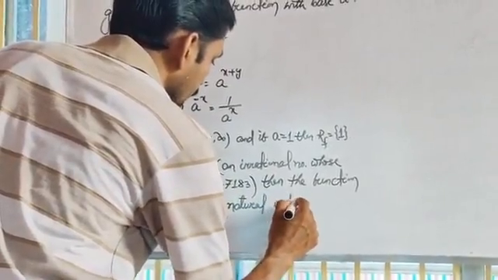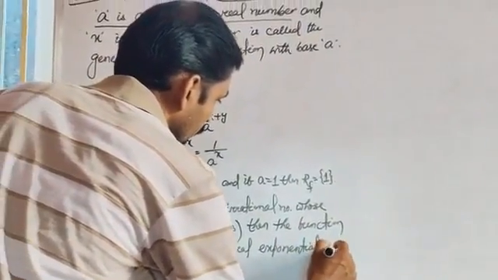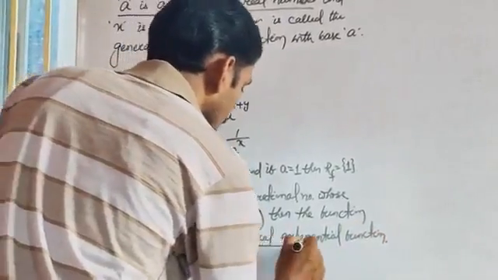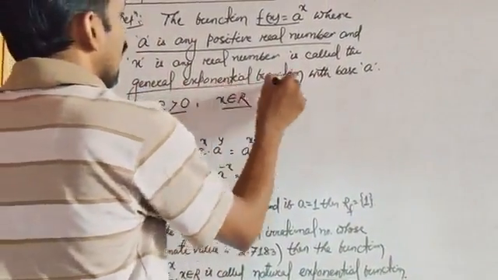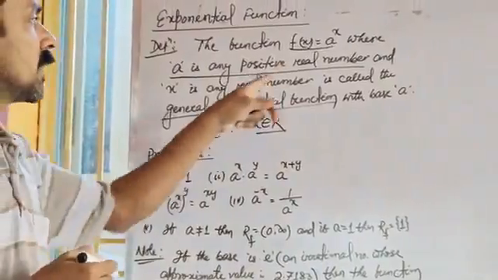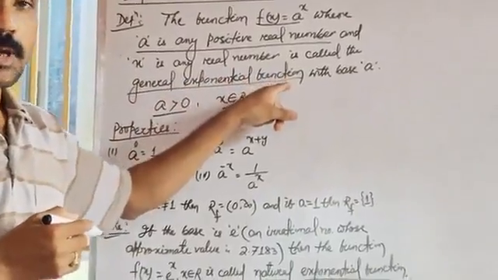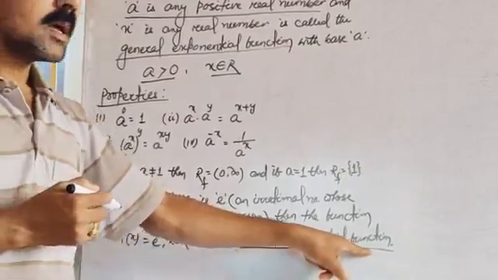This is natural and this is general. You mark the difference. When the base is a, it is called the general exponential function, and when the base is e, it is called the natural exponential function.